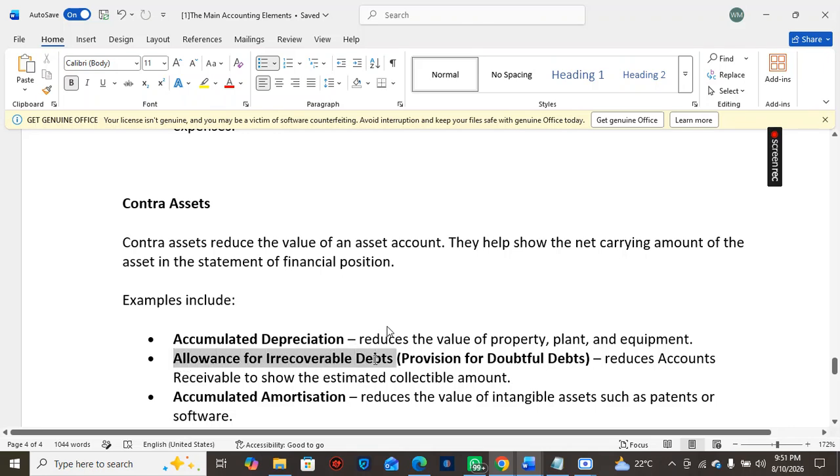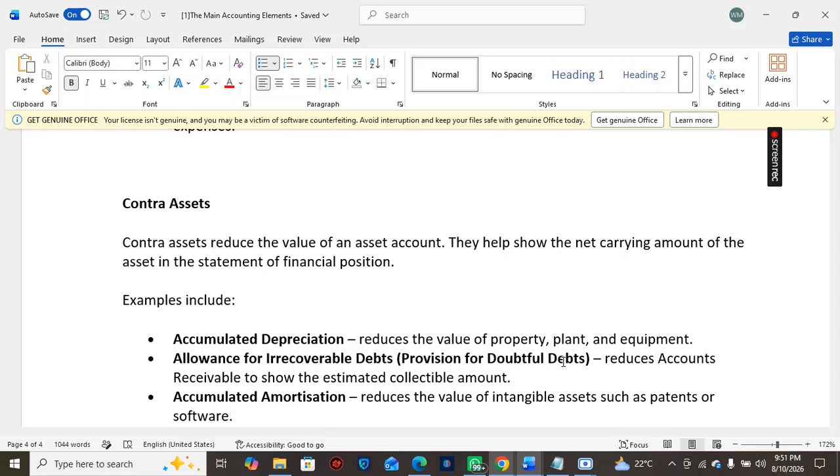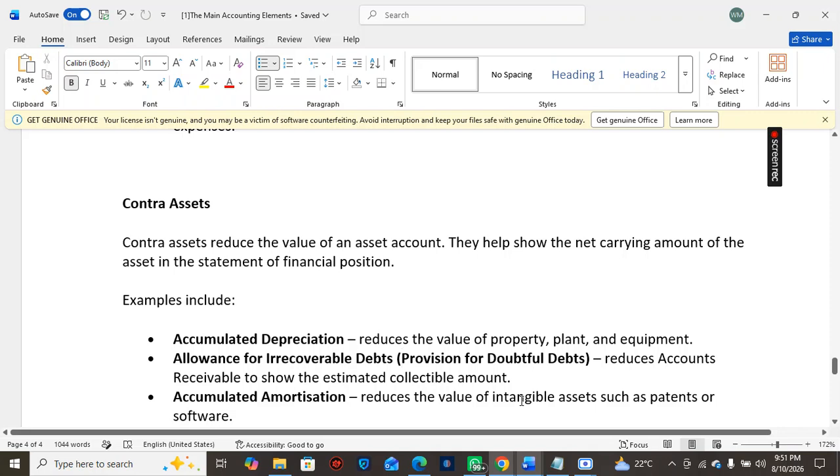Allowance for irrecoverable debts or provision for doubtful debts. This is an estimate of the money that you might not receive from the people who owe you money. If you conduct credit sales, it doesn't mean all your customers will pay you. Some might run away. So, according to the prudence concept in accounts, where if you can see the company will make losses, record them.